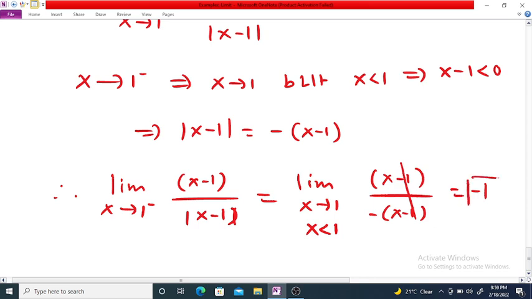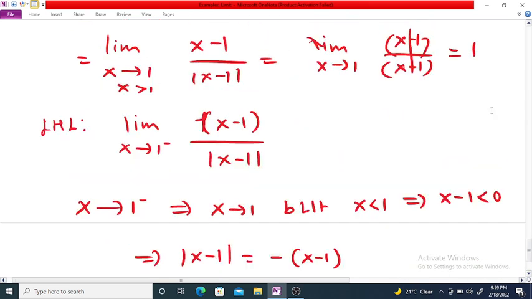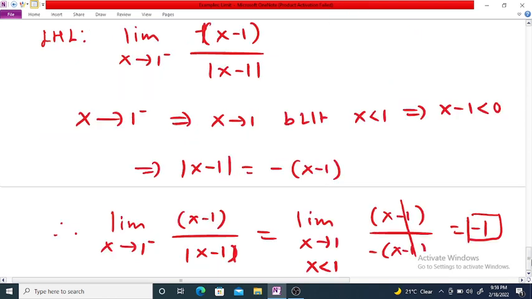So again you can see here the left hand limit is minus 1 and the right hand limit is 1.